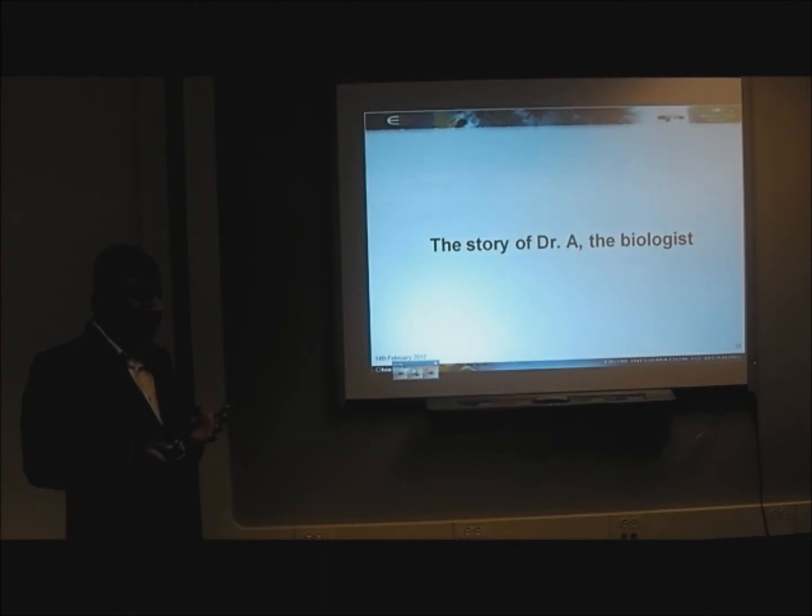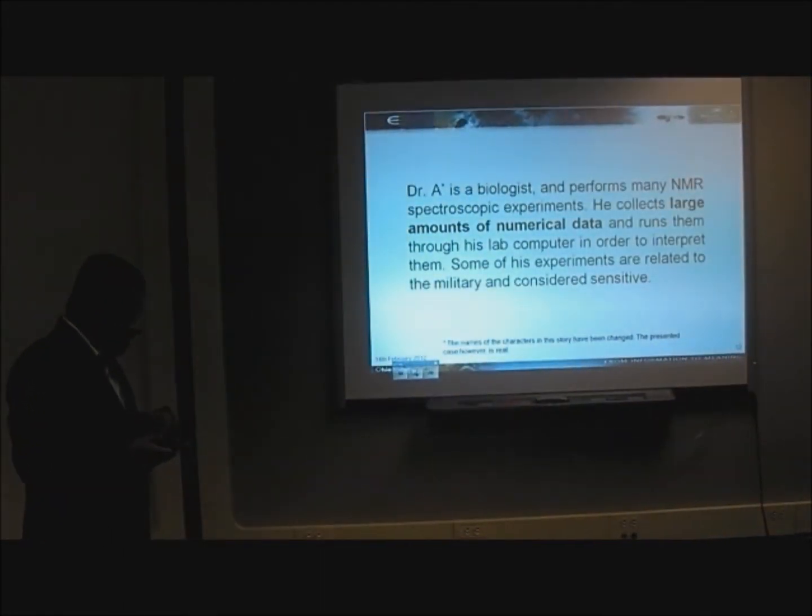So Dr. A is a biologist, and this guy is an experimental biologist, meaning he does these experiments with a device called the NMR spectrometer. NMR spectrometer, all you have to know is that it's a huge machine. NMR stands for nuclear magnetic resonance. You put these biological samples in, and then it spits out a big chunk of numbers.